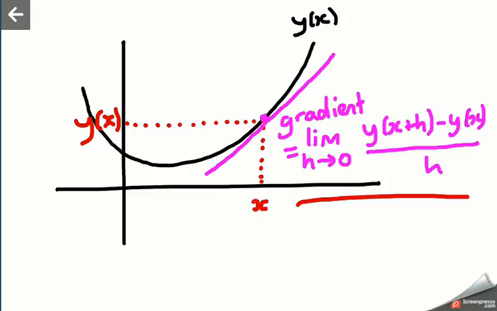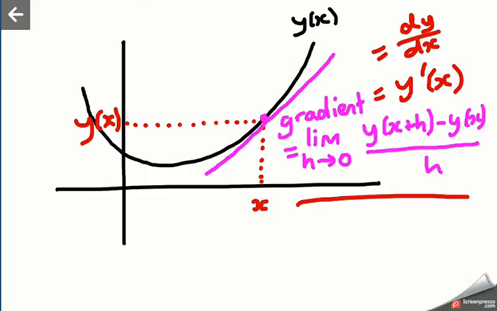Another name for this is y prime of x, and another name is dy over dx at the point x, dy over dx of x.